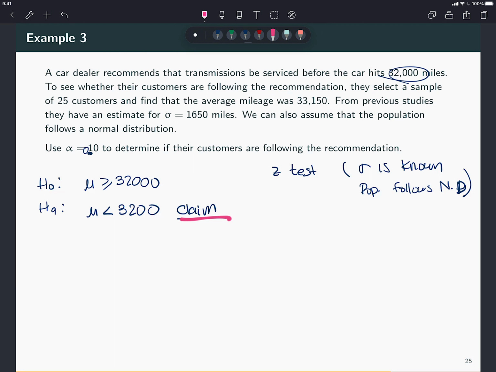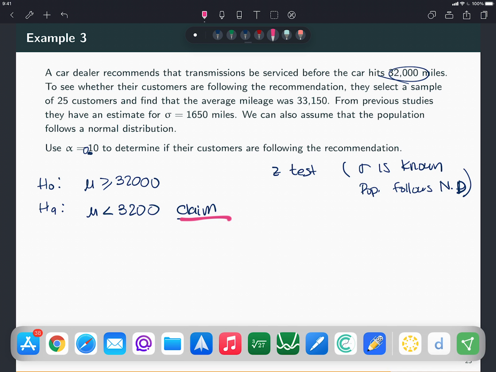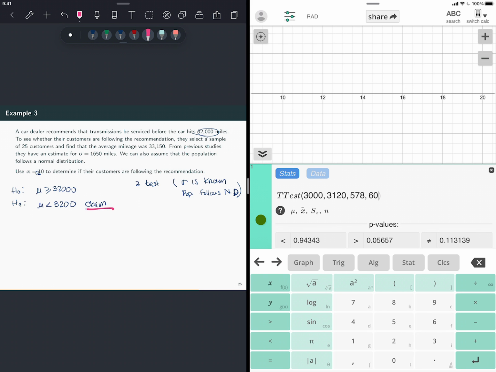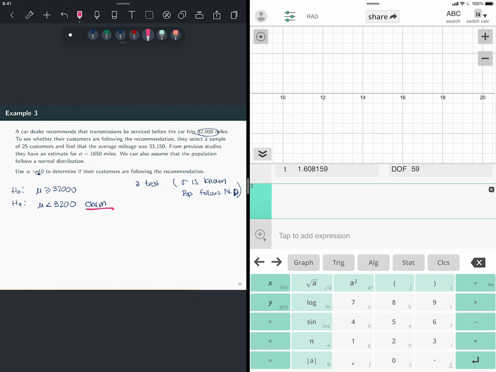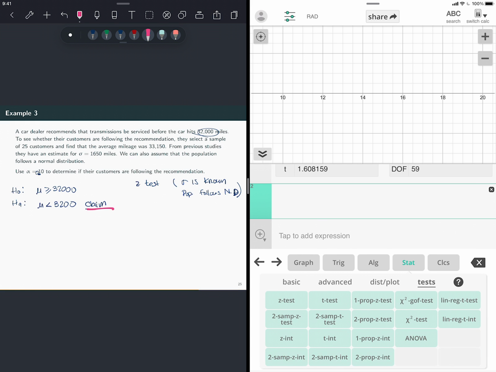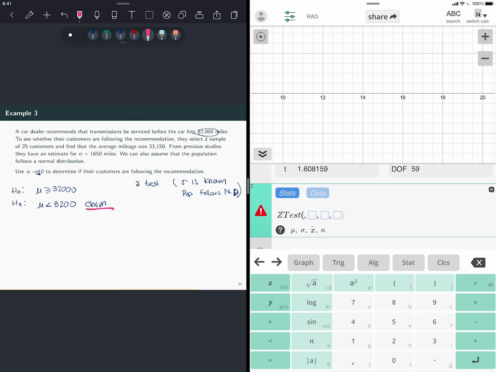I already said it's a z-test. Once I have all this, I go to my calculator. In the stat, test menu, the first option is the z-test. It asks in this order: first the hypothesized mean, which is 32,000. Then the population standard deviation.